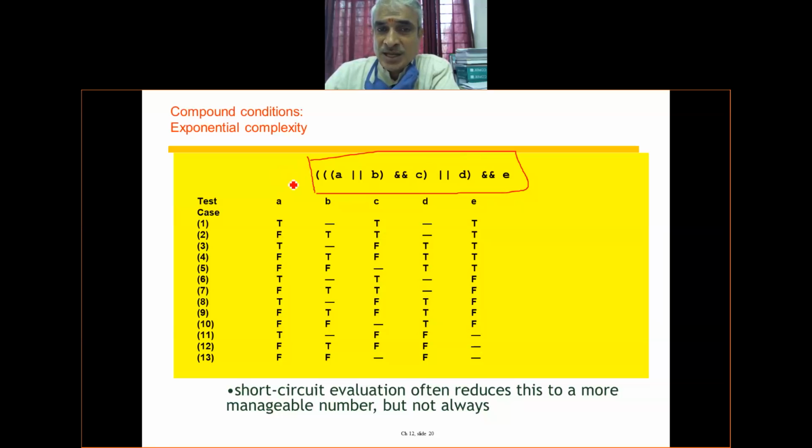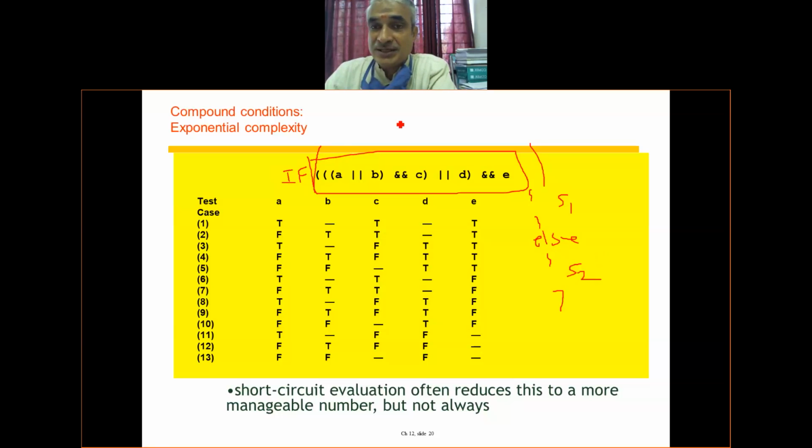Say, assume that you have written a program: if, open bracket, the bigger expression, if this is the case then do S1, in flower brackets, else, in flower brackets, this is statement S2. Now, what is the decision?